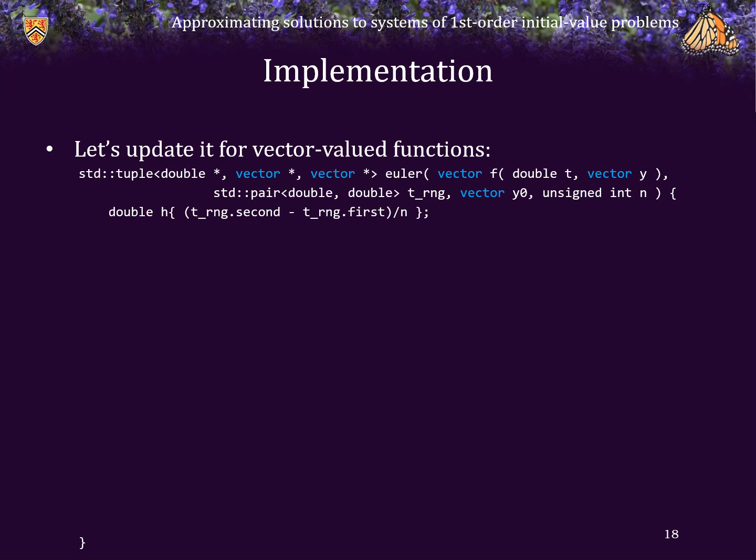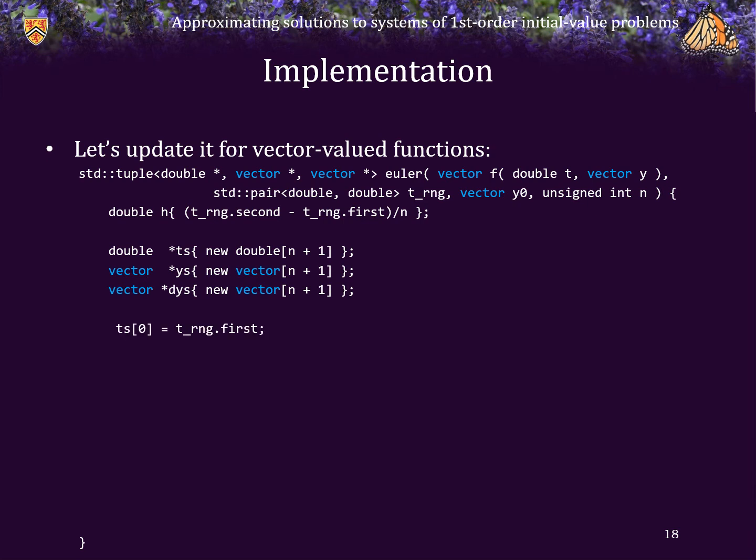So consequently, h is unchanged. We calculate it by calculating the difference divided by n. We allocate 3 arrays. However, now the second and third arrays are arrays of vectors and not doubles. But that's the only change. We initialize the first time with the left-hand endpoint of the range.